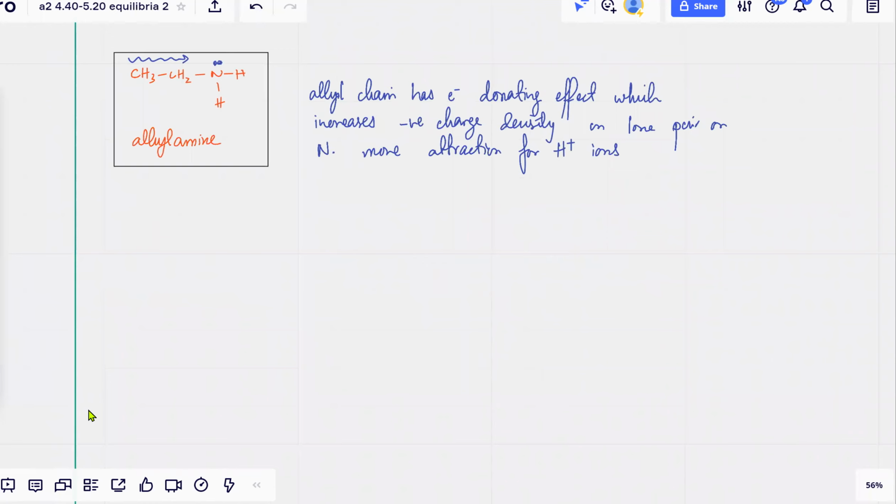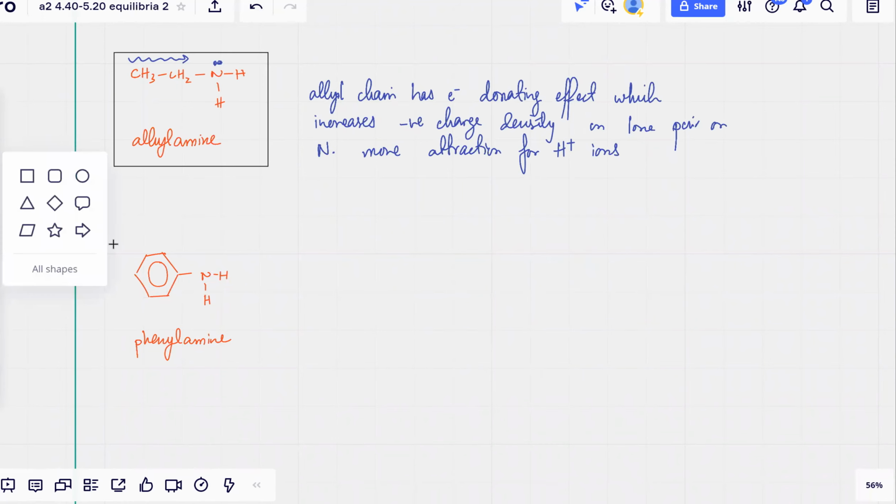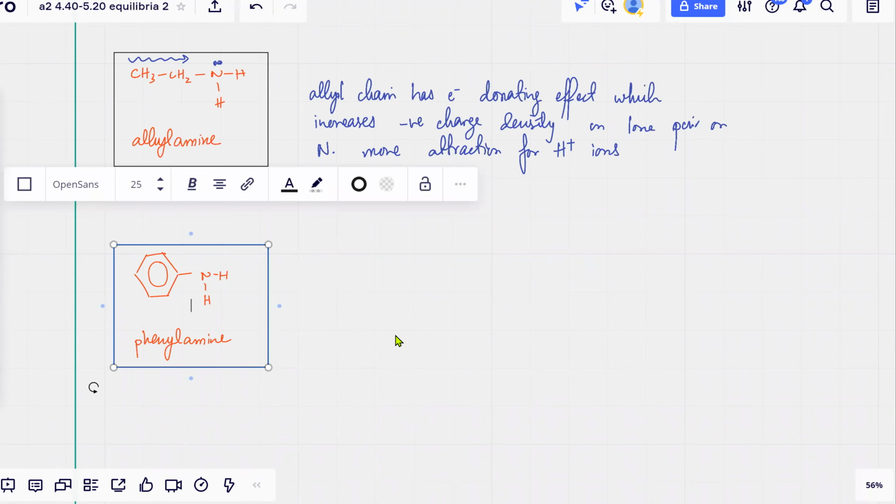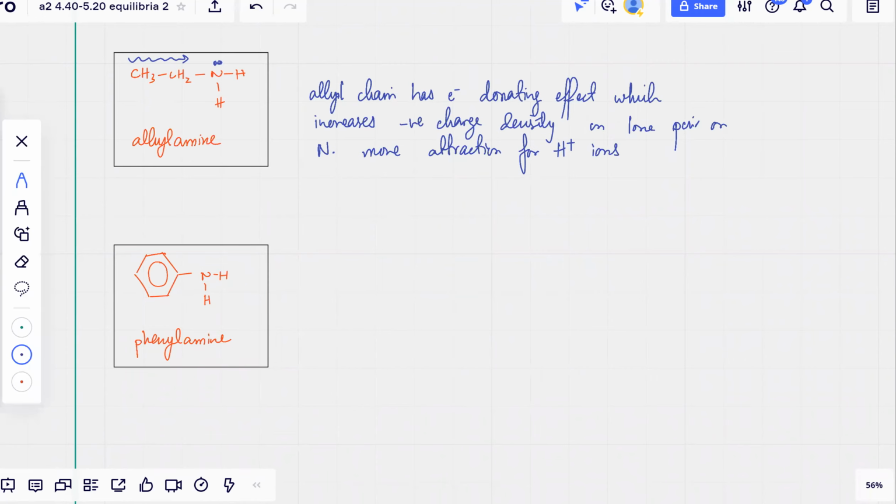So what's wrong with phenylamines? Again, as we discussed, the lone pairs on N would eventually merge or overlap or get spread out over the benzene electron cloud.